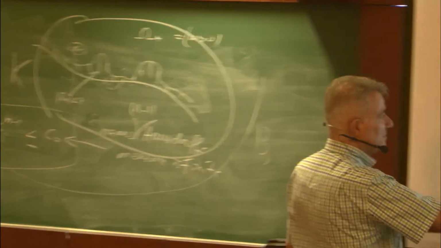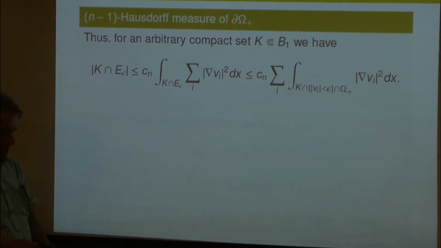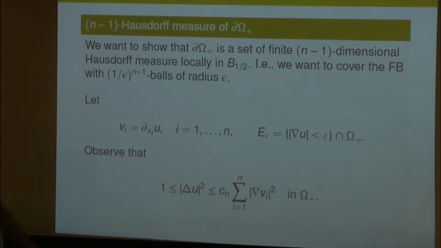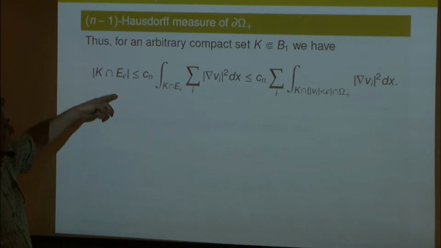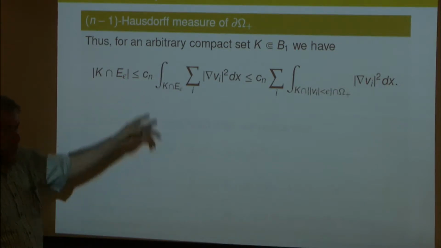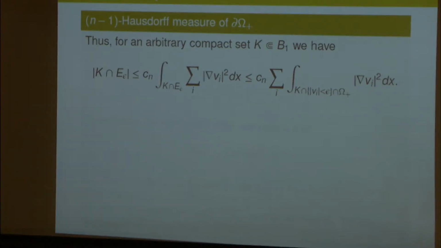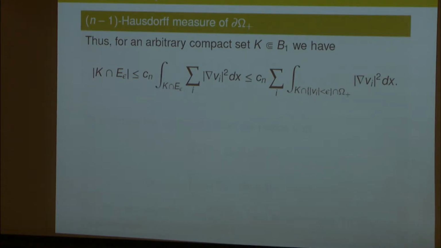So let's think of this. So far I don't need that. So I take K intersect with E epsilon. And remember what E epsilon was? When the gradient is smaller. You take that. And then you do the same. You get integration. The volume of this, the integration over this. And now I'm jumping 1 step here. Oh, thank you. So here I'm jumping 1 step here. The integration is over K. That's the volume.